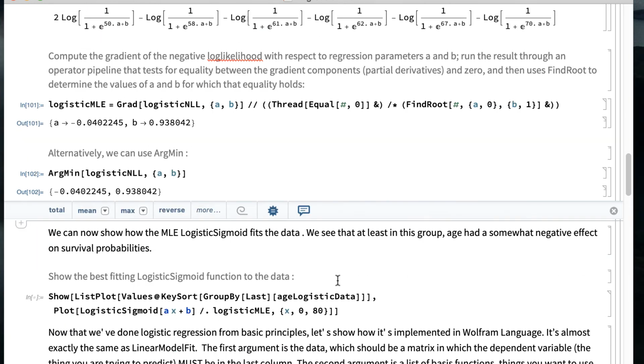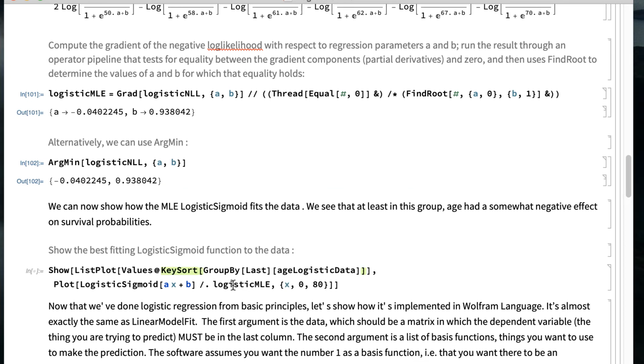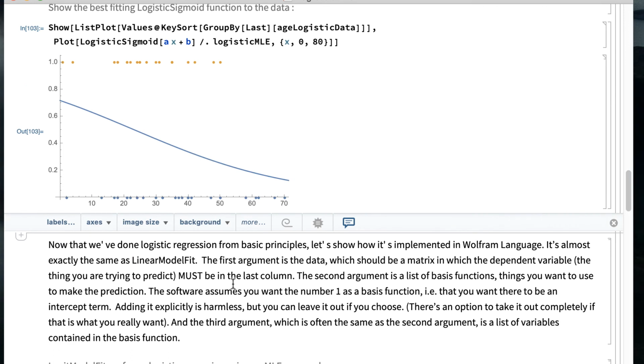This is going to be our best fit, and we can now actually show that best fit. It's not a very good fit, right? Because all the data is up here. It's either at 1 or at 0, and here's our curve, but it's giving you the idea that the older you get, the less likely it is, sadly, that you are going to survive.